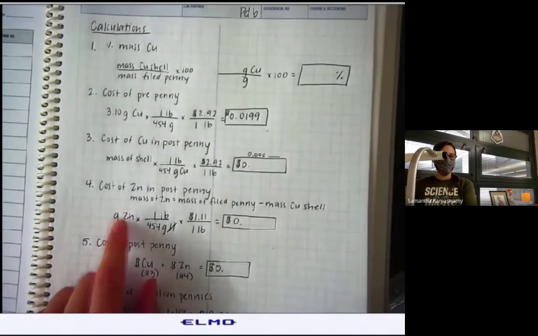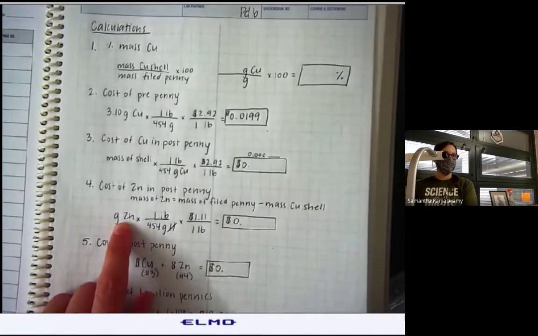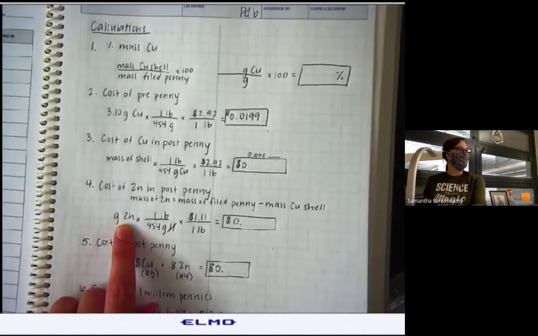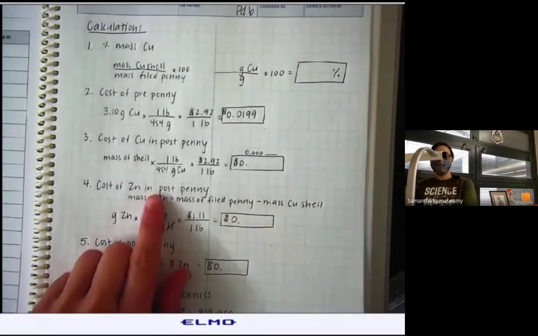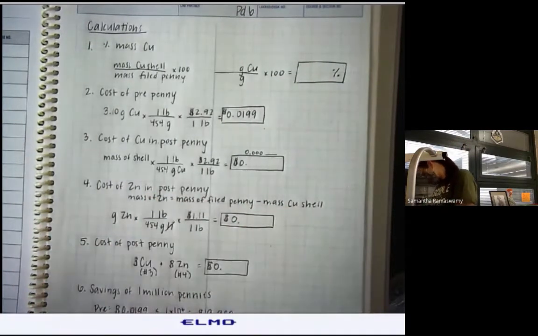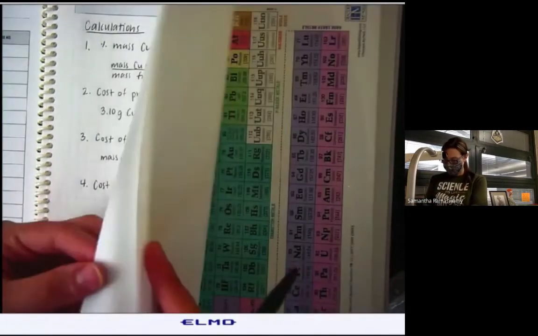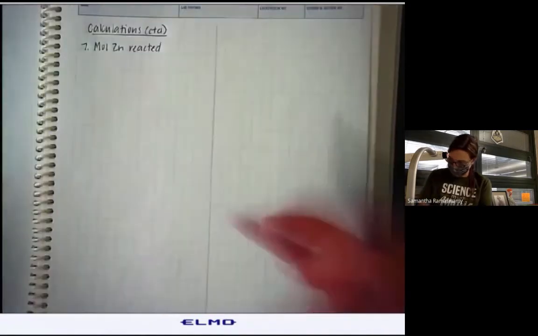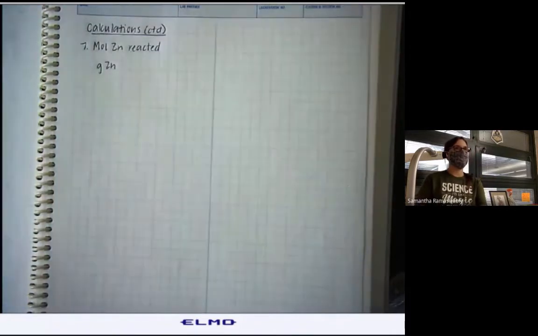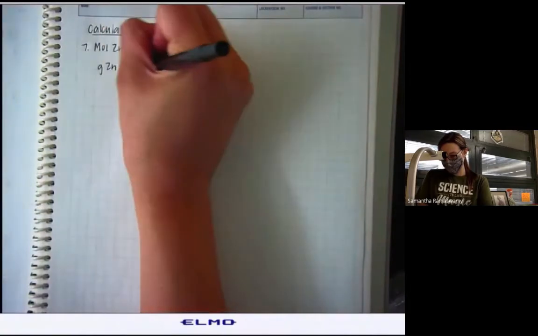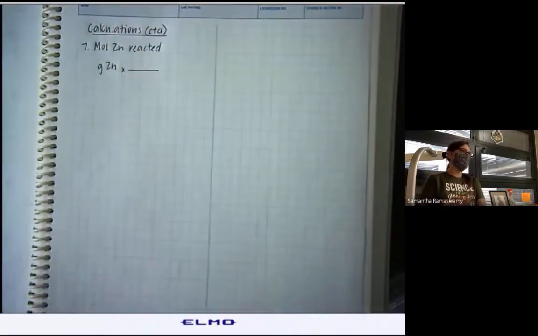So this grams of Zn from number 4, that's what we want to start with in number 7. If you look back at number 4, when you did mass of filed penny minus mass of Cu shell, that gave you grams of zinc. That's what we want to start with here. So we have grams of zinc. Again, this is different for everyone, which is why I haven't been putting numbers in to start.